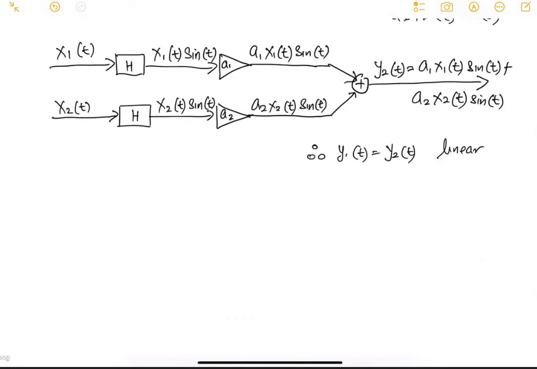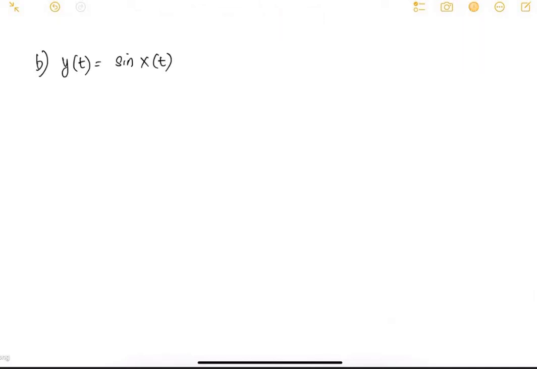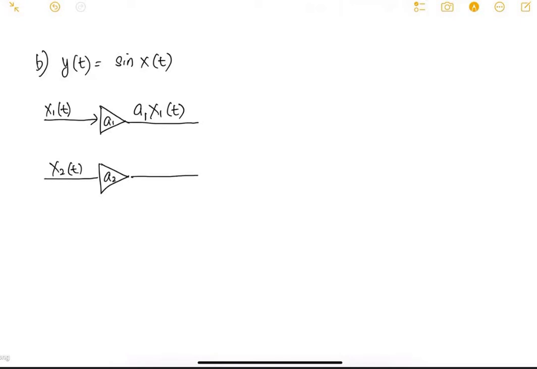Now, let's look at the second question: y(t) = sin x(t). You have the input x1(t), you insert it into a constant a1 and produce a1 x1(t). Another input x2(t) is inserted into a constant a2, producing a2 x2(t).